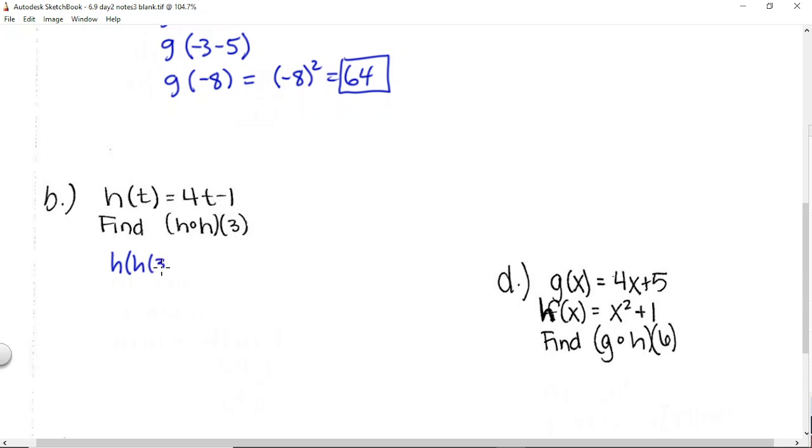H of h of 3. Simplify or evaluate that. We plug in 3 into h, right? That's what this says to do, plug 3 into h. So here's h, and we plug in 3 for t.